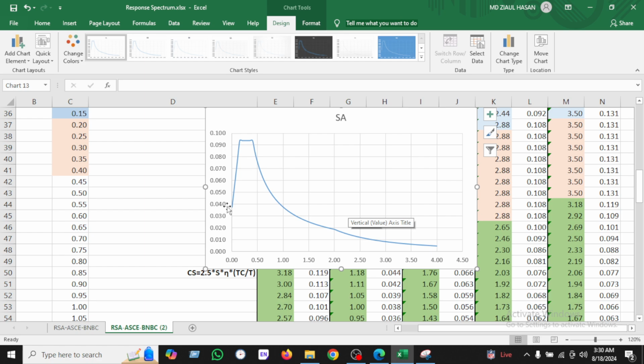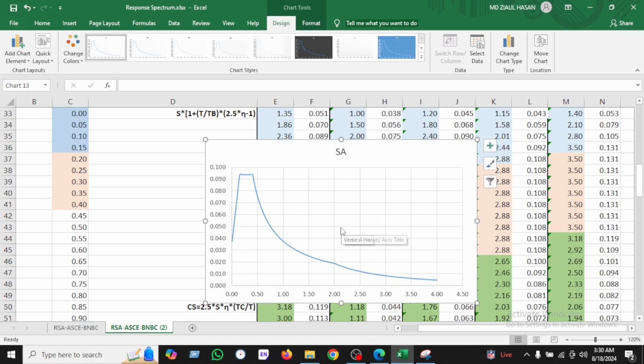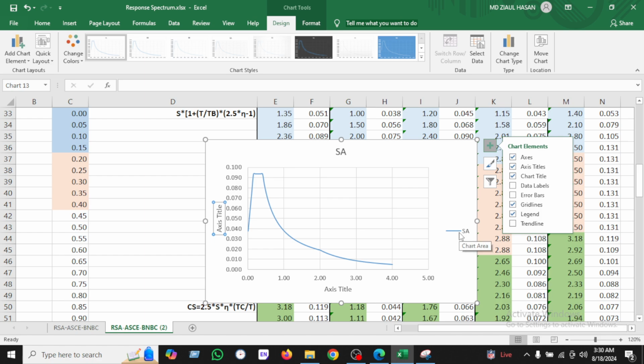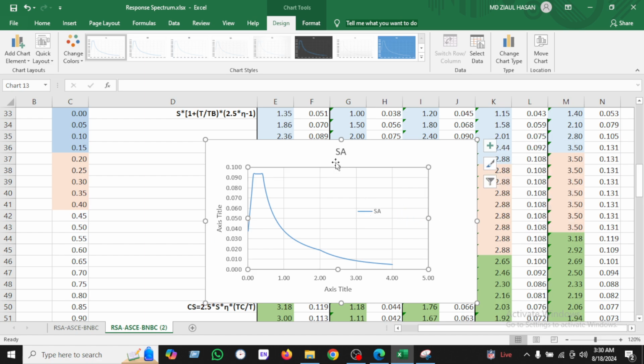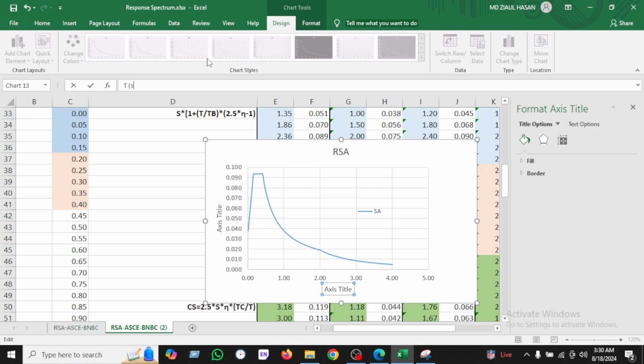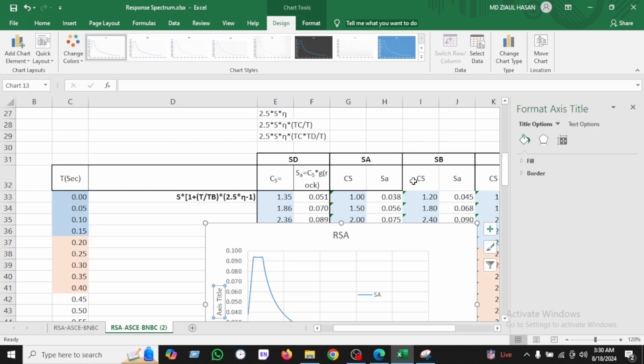This is our response spectrum of SA versus time period. I'm just adding a region and something. The x-axis is time period, which is in seconds, and the y-axis will be SA.